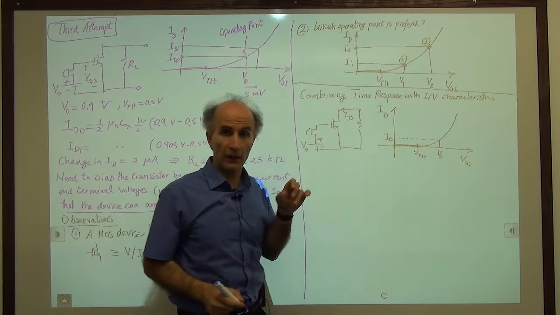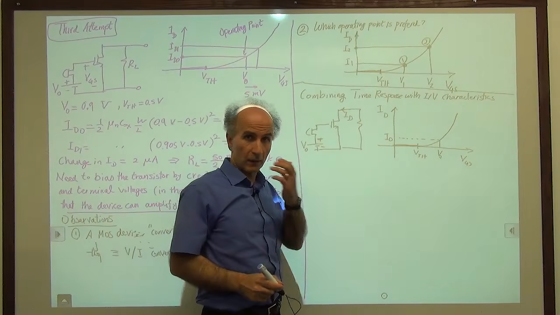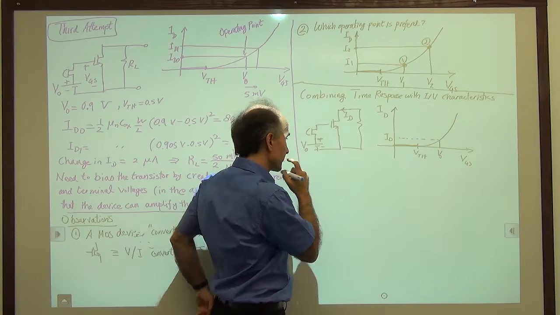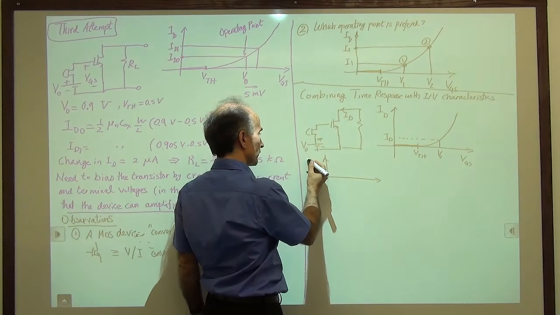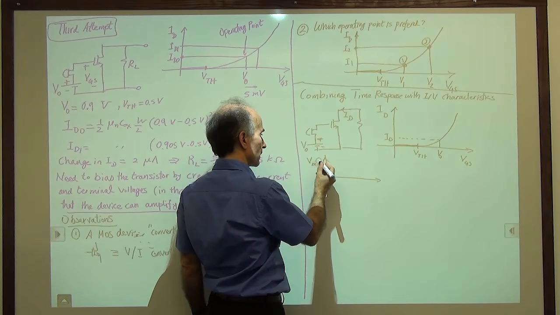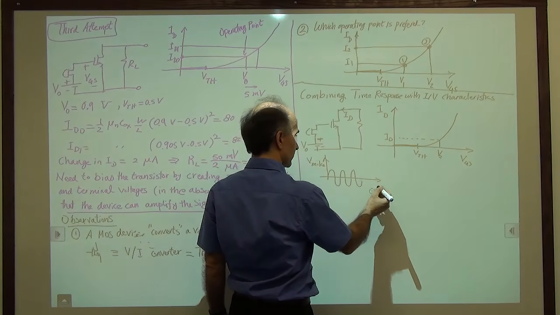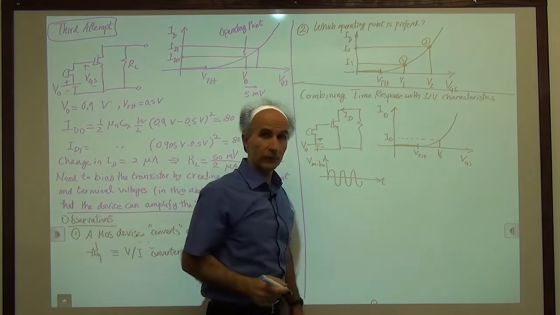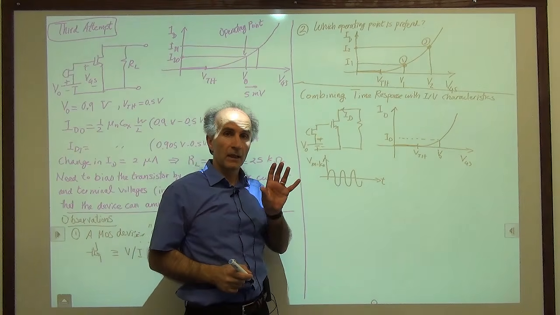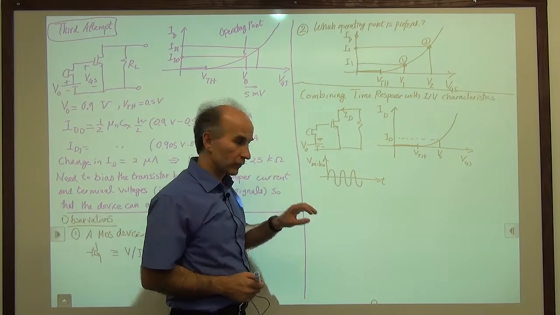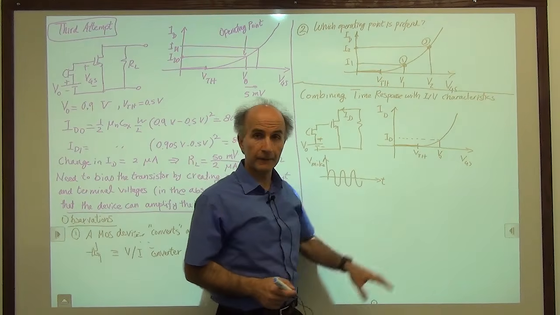Okay. Now, the signal comes in. Where I'm talking to the microphone, the signal is coming in. The signal, let's say, is a sinusoid. So let's draw that sinusoid here. So this is V mic, and just a simple sinusoid like that as a function of time. All right, now I can see things better if I try to combine this plot with this plot.